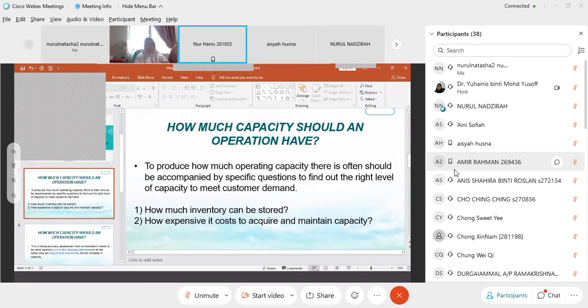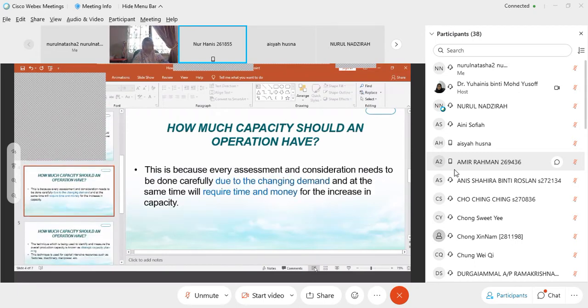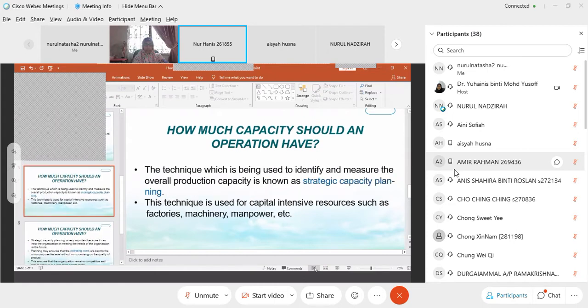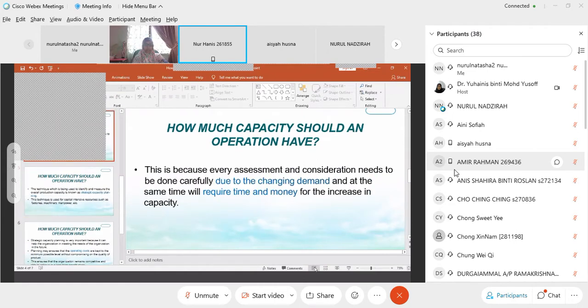These two things has to be concerned due to the changing demand, and it will also require time and money for the changing. Strategic planning is being used to identify and measure the overall production capacity.